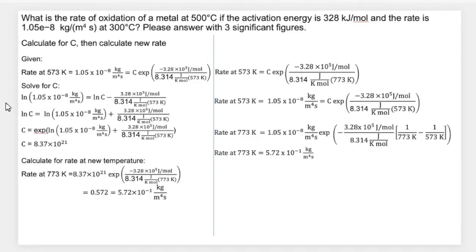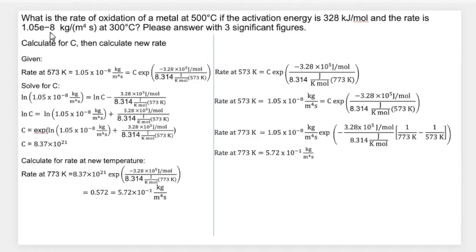You're also given the rate of oxidation at 300 degrees Celsius as 1.05 times 10 to the minus 8 kilograms per meters to the fourth seconds.